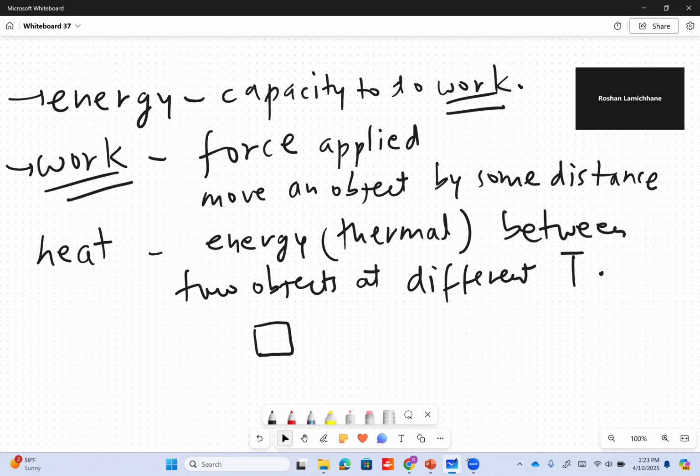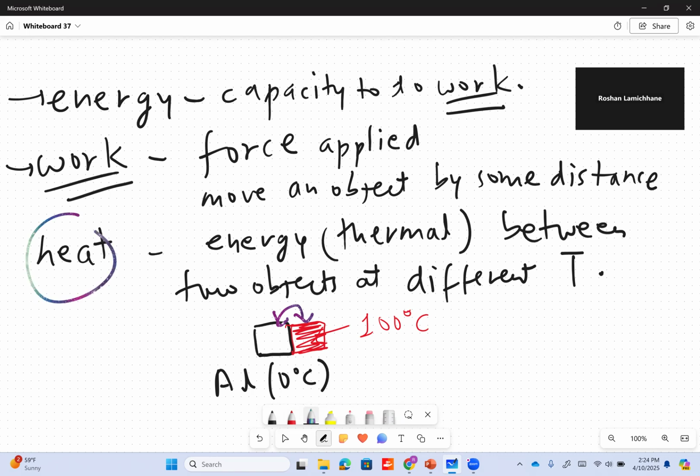Let's say I have a solid chunk of aluminum metal here, which is at 0 degrees Celsius, right? So I'm going to keep this in contact with another block of aluminum. Let's say the red one is at 100 degrees Celsius. So when they come in contact with each other, what you're going to see is there is heat energy transferred, a thermal energy transfer between these two, and that's your heat, right?